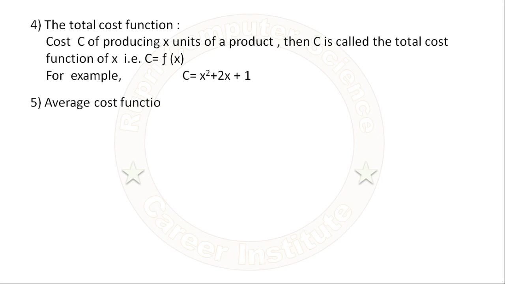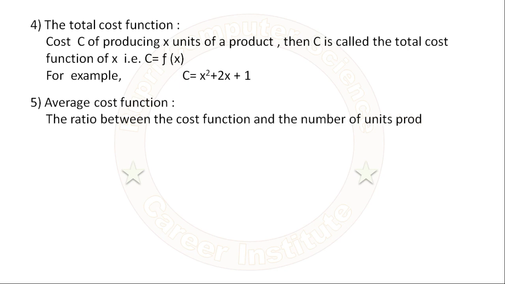Now next, fifth, average cost function. The ratio between the cost function and the number of units produced is called the average cost function. Ratio means division.